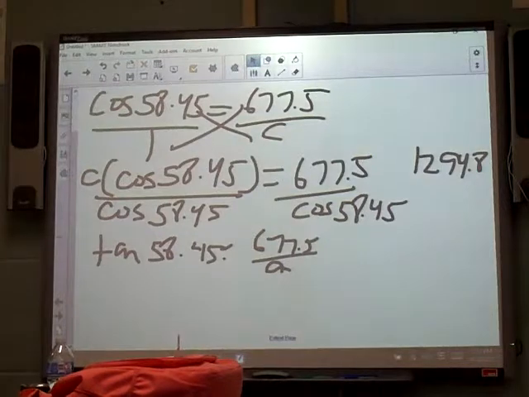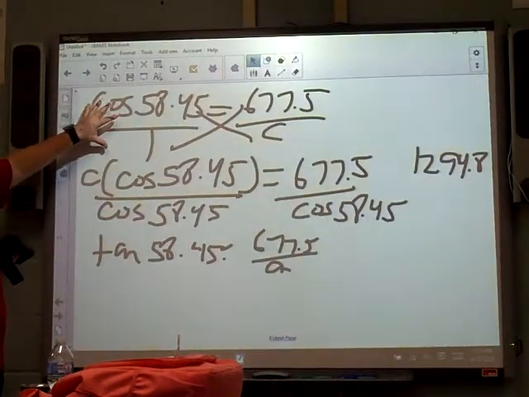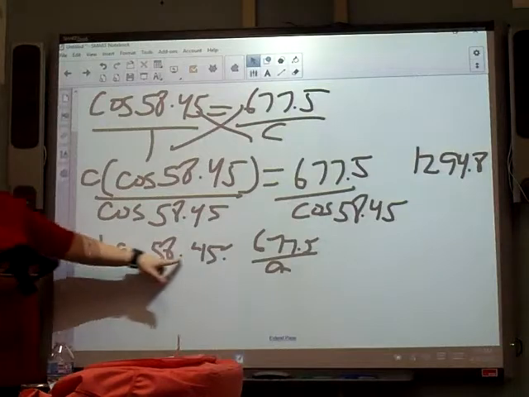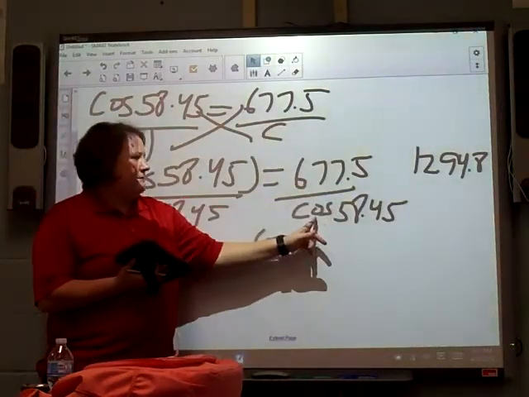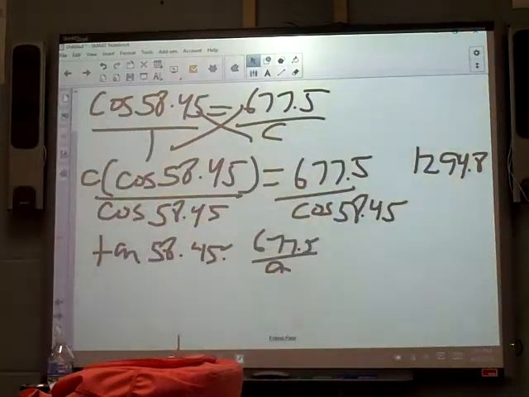So you'll end up doing the same thing you did here, except you're dividing by the tangent. So you'll do 677.5 divided by the tangent of 58.45. And I believe I got 11 over 3.4. Does that look right? 0.42 to the nearest hundred. Thank you, sir. So that would be C, as in California.